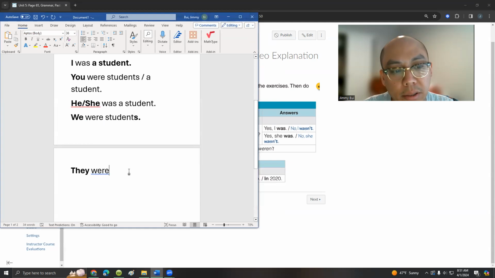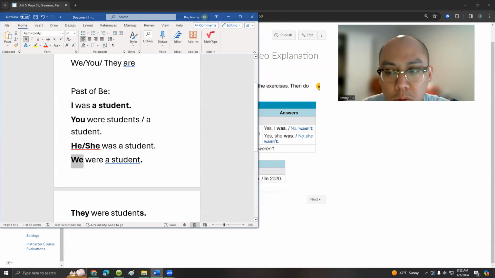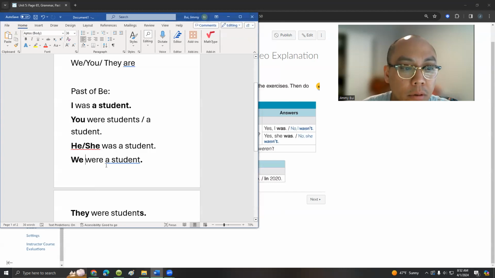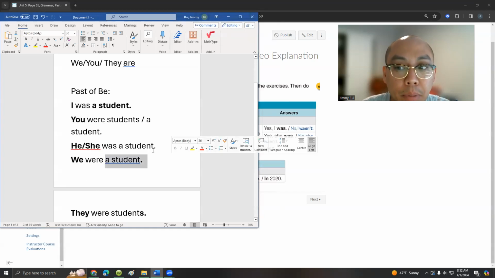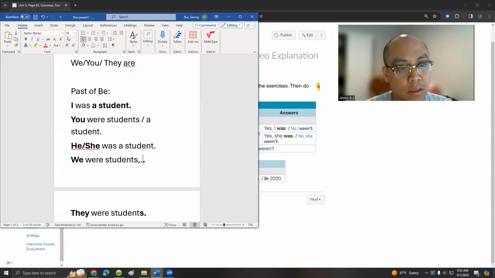Same thing here, they were students. You cannot mix and match, meaning I cannot say we were a student, because we is always two or more people or things, so it's plural. So it needs to be plural as well. We were students.